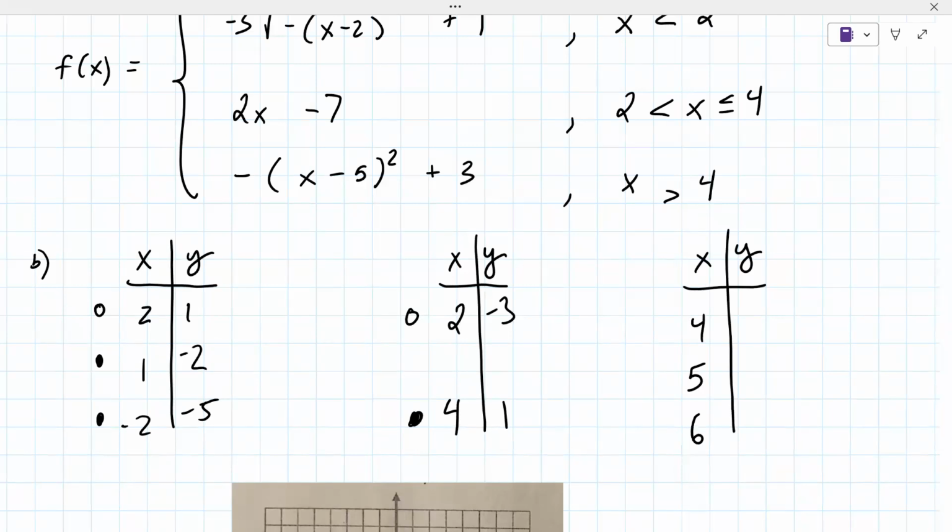For simplifying, that is true. You want to do what's inside parentheses first, then square, then negate, then add 3. Negative 1. So (4, 2). Okay, good.